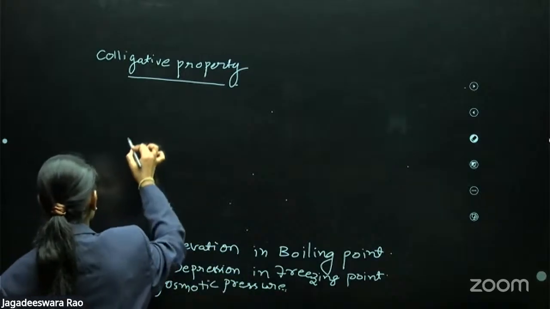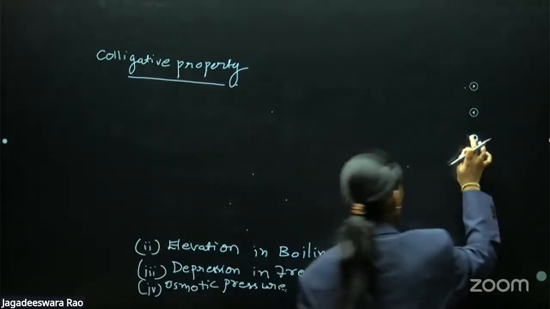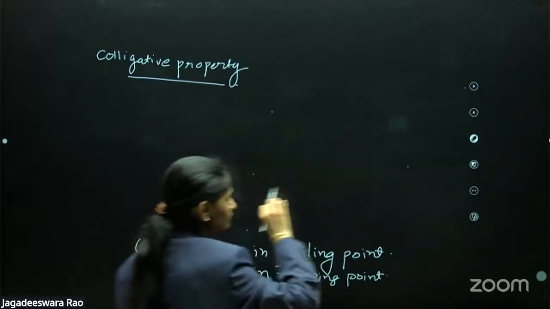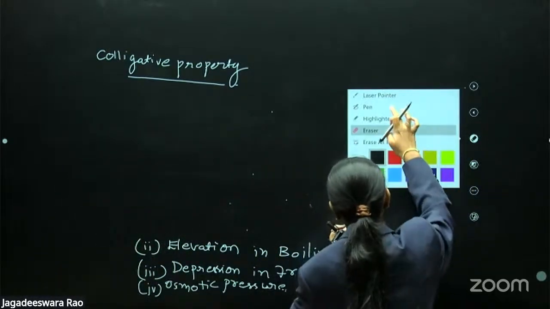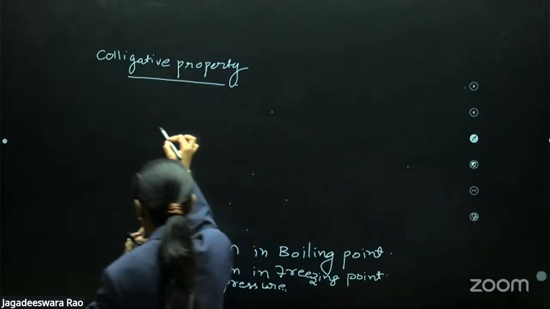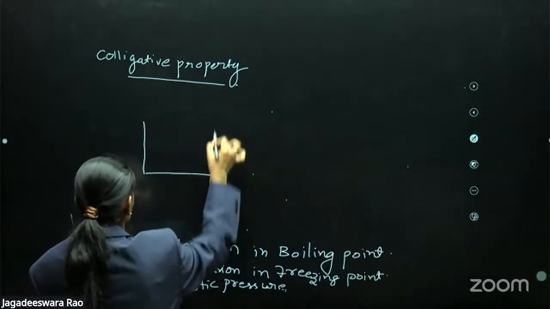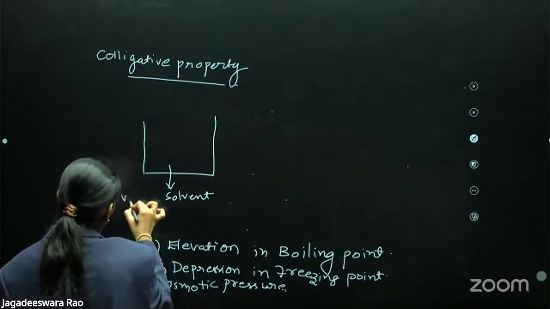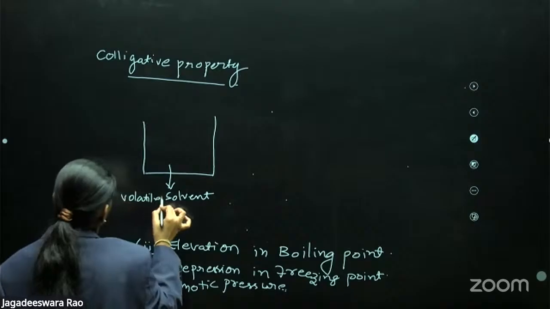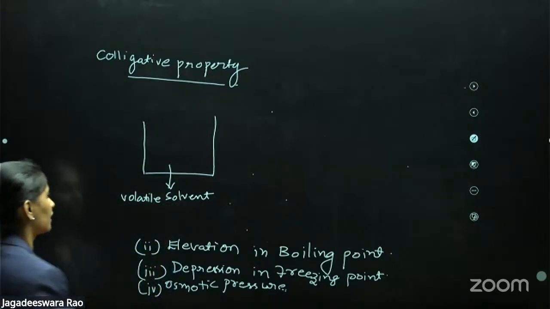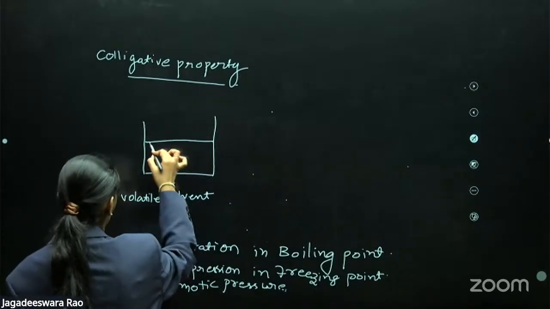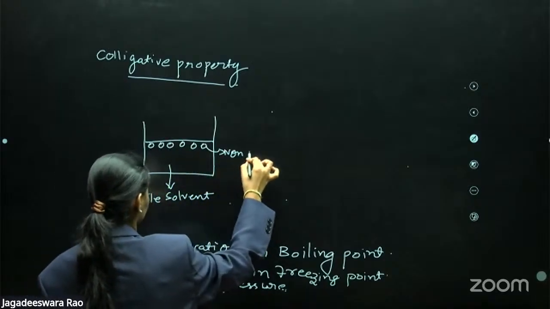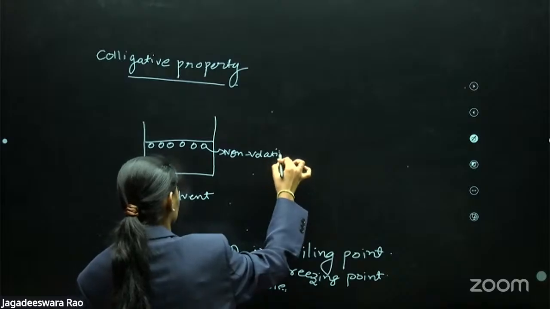Consider this is one container. You take one container and consider this is a solvent, and the solvent is a volatile solvent, and the other one is a non-volatile solute.